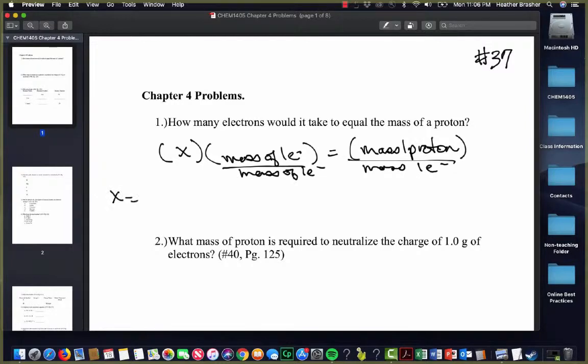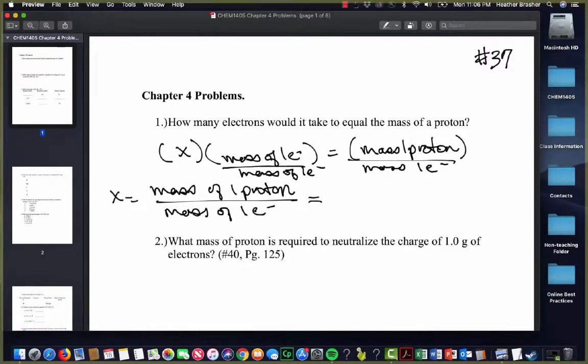So X equals the mass of one electron over the mass, I messed up there, of one proton over the mass of one electron.